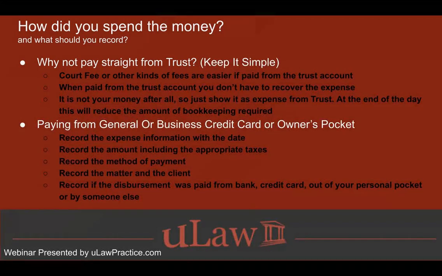Now, if you are doing it out of trust, there's no need to record any expense or report any expense into your books of accounts, because trust is not even your money. It is your client's money sitting in trust. It's a liability. You're just using that client's amount, sending it out to cover an expense on behalf of your client.